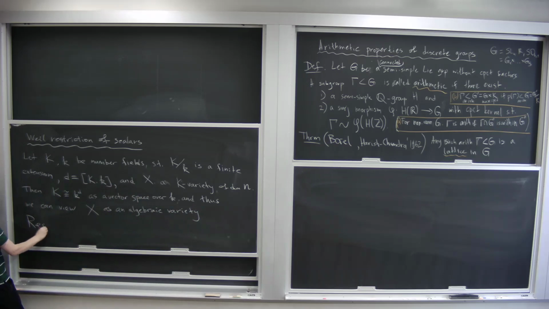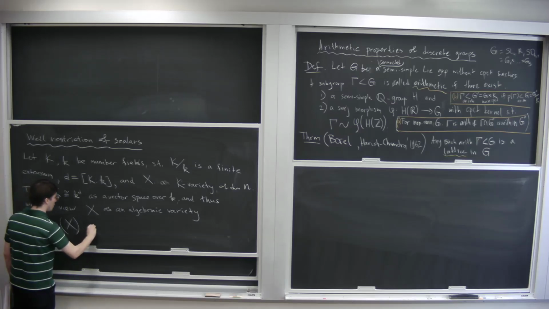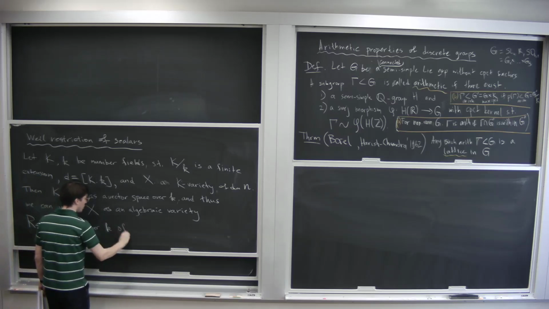It will be denoted as res sub K over k of X. And this is an algebraic variety already over k of dimension.